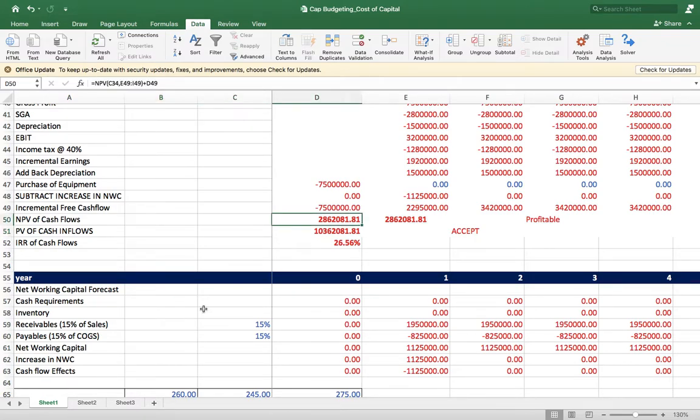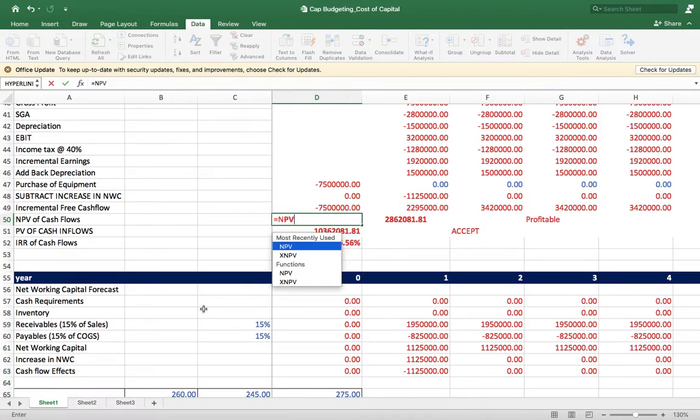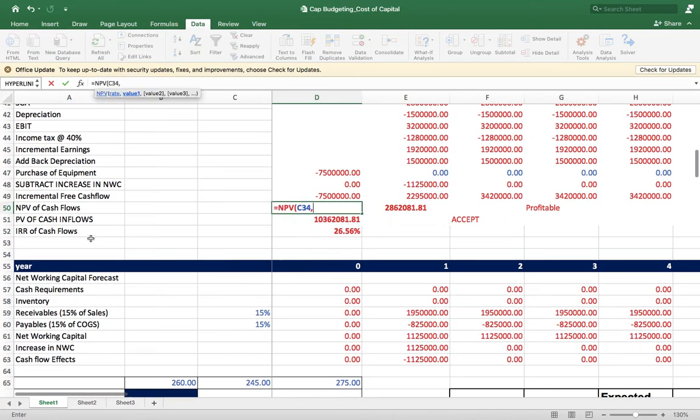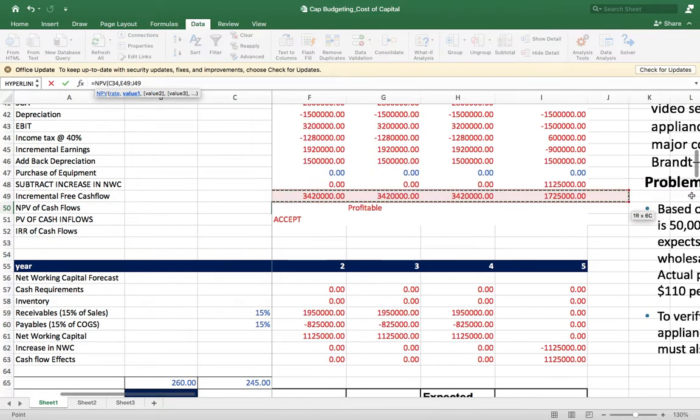NPV is equal to, first you give the rate of return. Rate of return is 12%. Then the cash flow projected from year 1 to the end of the life of the project: year 1, 2, 3, 4, 5.